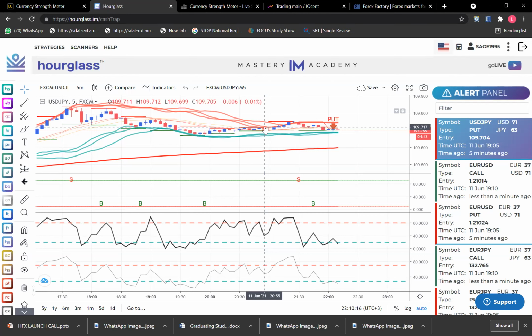If your price is at your support, because basically you buy from support and you sell from resistances, that is another point, another indication for a buy. If your price is also at your green Bollinger Band, that is a third point. Now remember, how many points do we say we need to take a trade, and what kind of trade is 3 points?